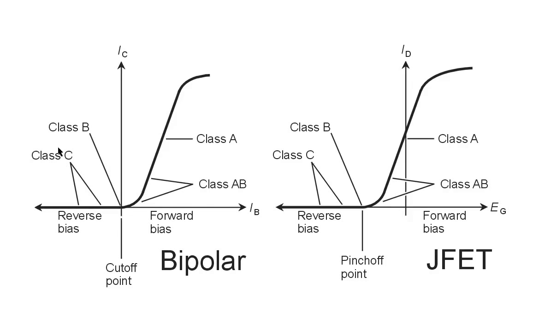Now keep in mind that the only true waveform linear amplifier is going to be the Class A amplifier, because in order to get a truly linear reproduction of the input signal waveform, we have to stay within that straight line part of the curve.